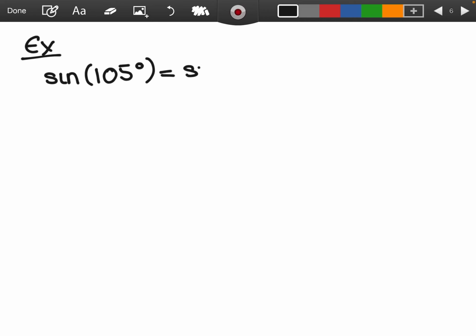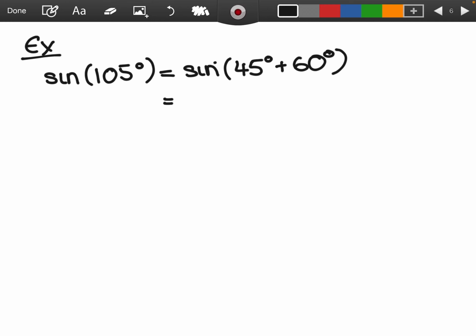It turns out that 105 degrees is the same thing as saying 45 degrees plus 60 degrees. Now I know all about sine and cosine of 45 degrees and 60 degrees. So because I have this angle that is the sum of two different angles that I know a lot about in terms of trig functions, I can just go ahead and use the sum formula for sine.